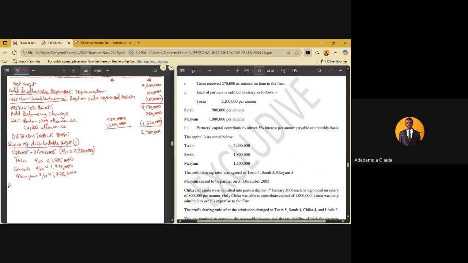The share of distributable profit too. That will be 1/1/2006 to 30 June 2006, and that is also 6/12 multiplied by 2,950,000, which is 1,475,000.